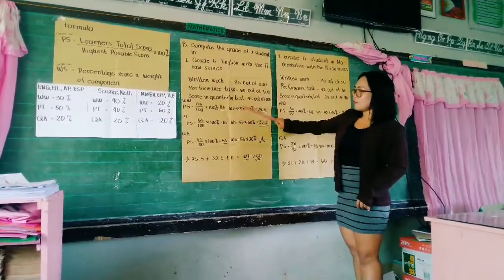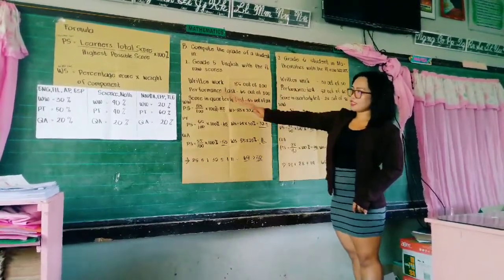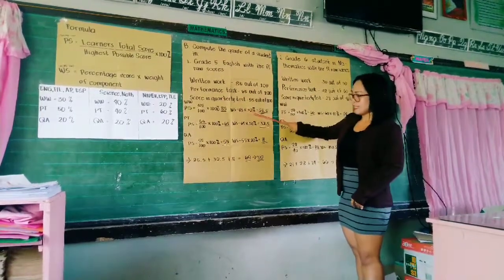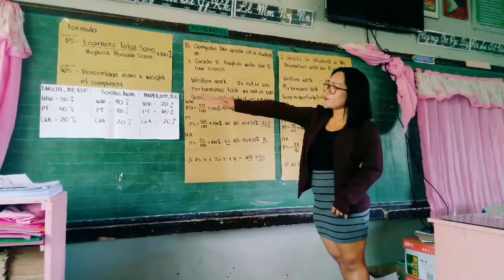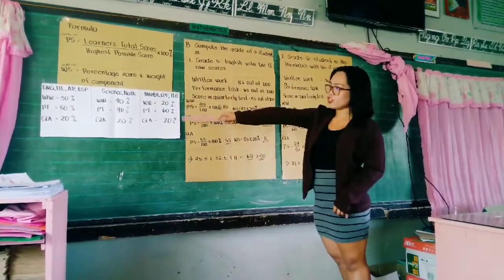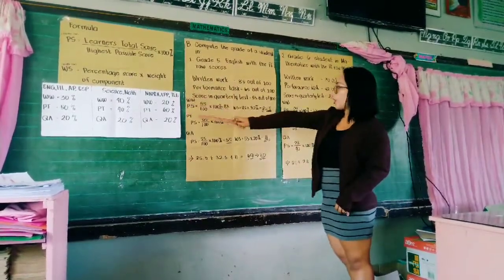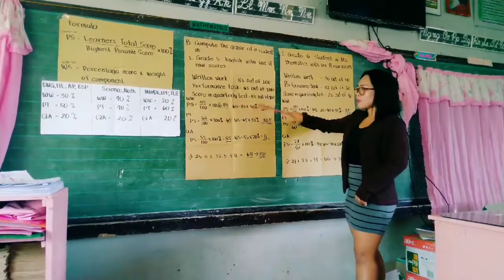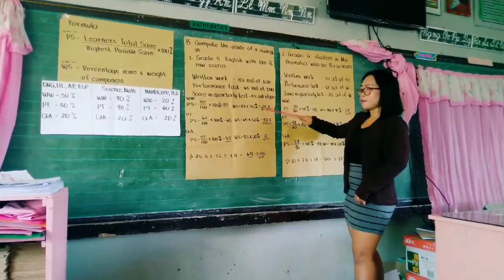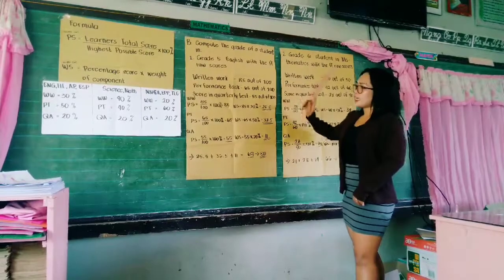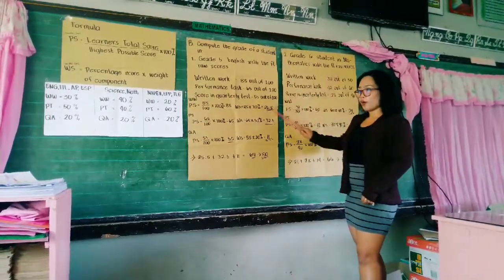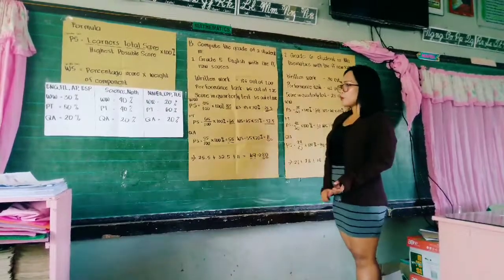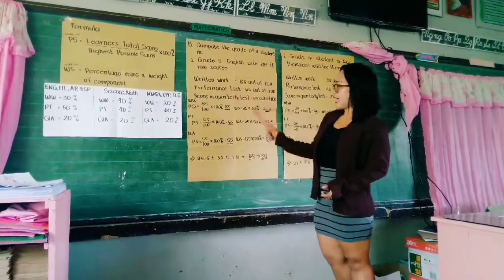Then 85 is the percentage score times 30%, which is the weight of component given in the formula. English is 30% for the written work. So 85 times 30% equals 25.5. So, in written works, the grade 5 student got 25.5. Now, let's proceed to performance task.